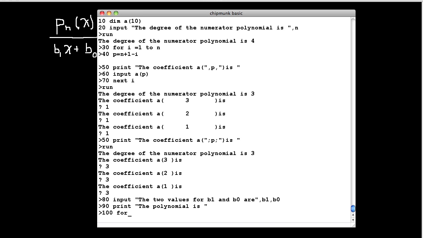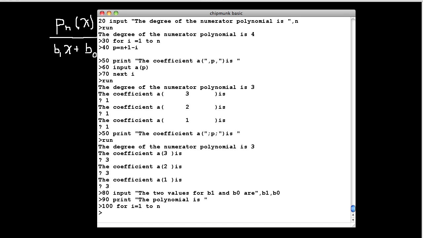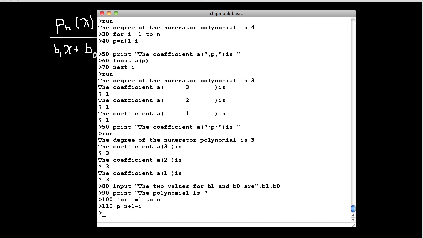Okay, for I equals 1 to n, 110 P equals n plus 1 minus I, print 120.